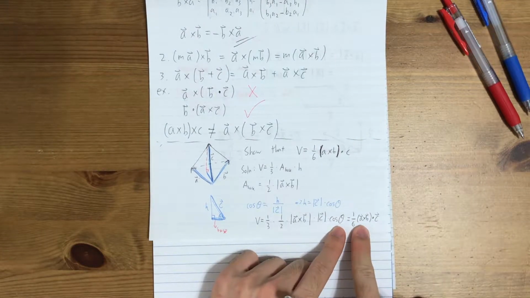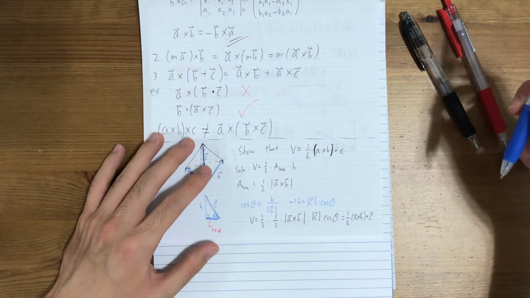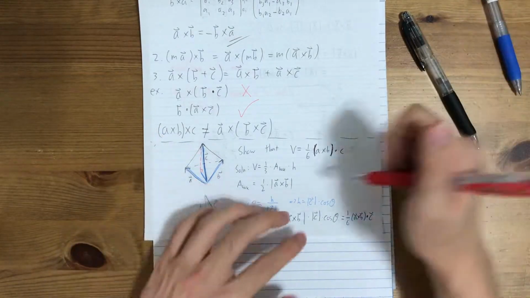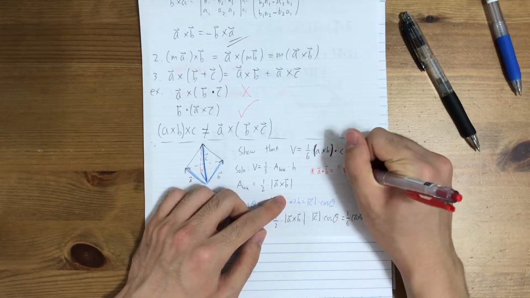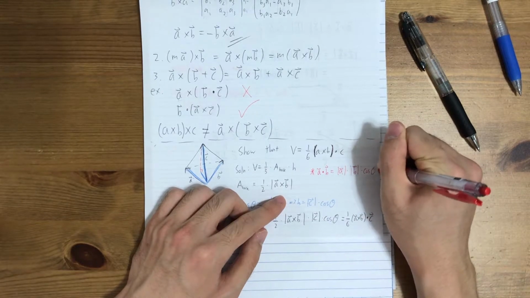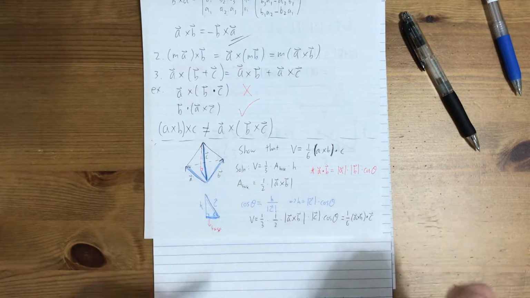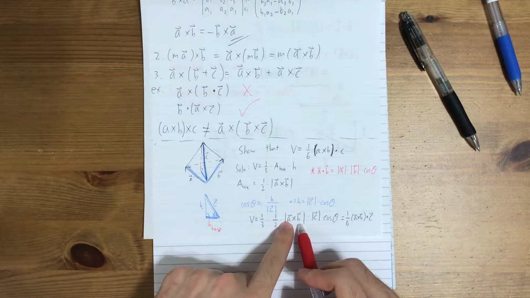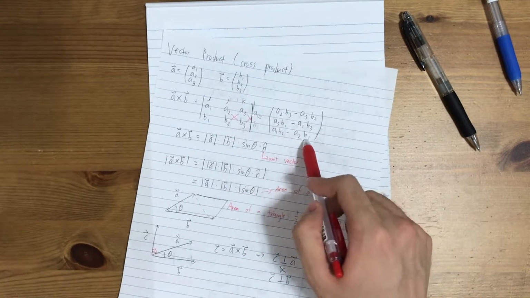So consider A cross B as a vector, okay? Remember that if you have A dot B, then we have magnitude of A times magnitude of B times cosine theta, where the theta is the angle between A and B, right? Just imagine that we have a vector of A cross B. So A cross B certainly gives us a vector, right?